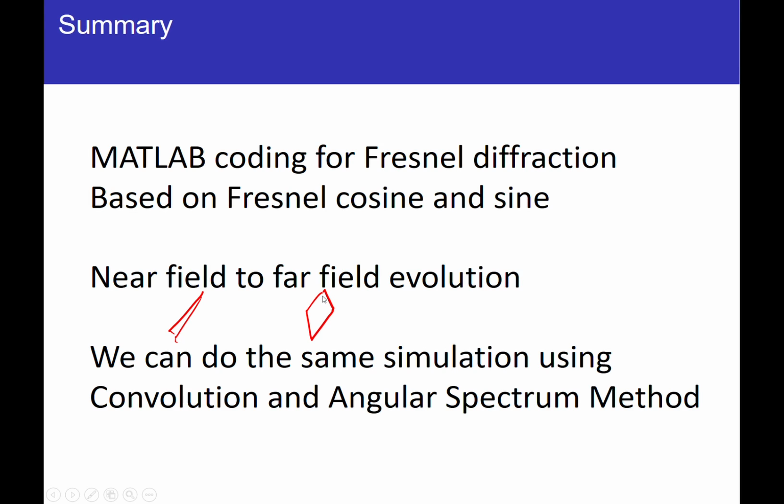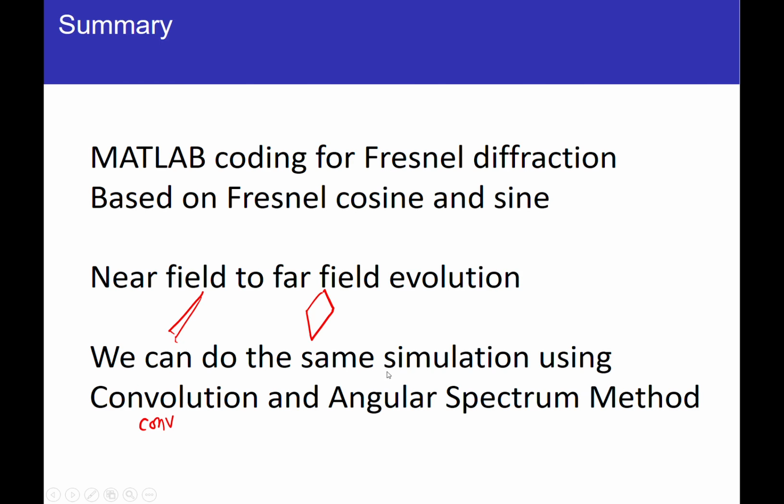Okay, so we can do the simulations using convolution and the angular spectrum method, and I think that it's going to be a very good exercise for you. Try to utilize these conv functions. And for the angular spectrum, you start right away from the Fourier transformations, and then we can do very similar stuff.